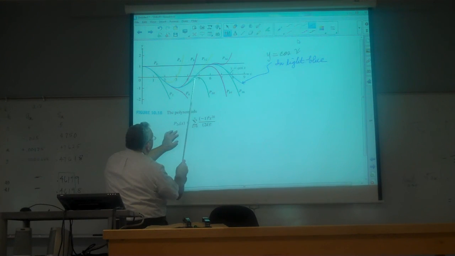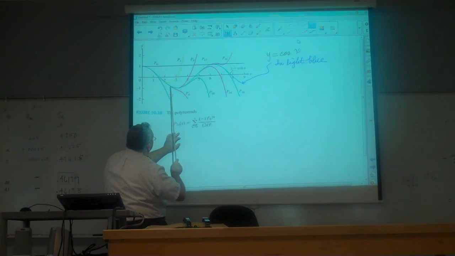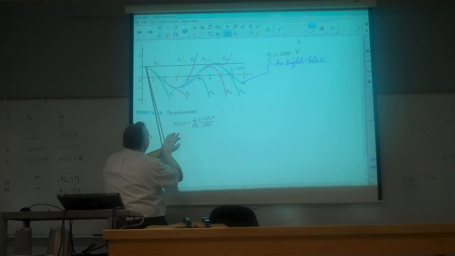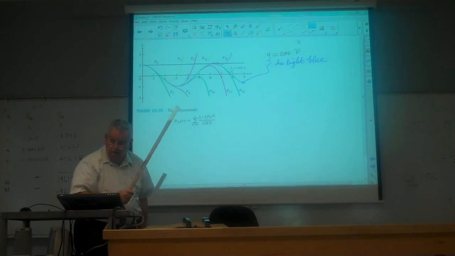But then n equal 12, look how good n equal 12 is. n equal 12 sits right on top of the blue line from x equals 0 to x equal to about 4 3/4. Do you follow?